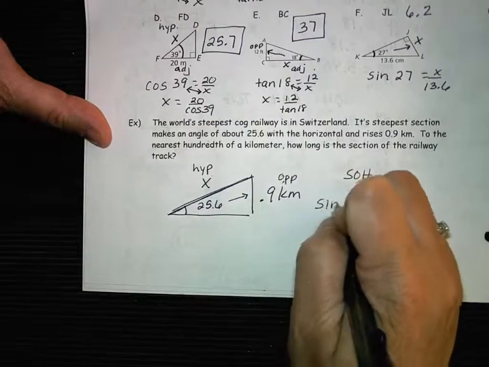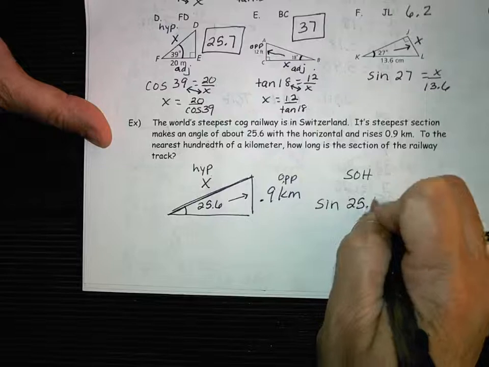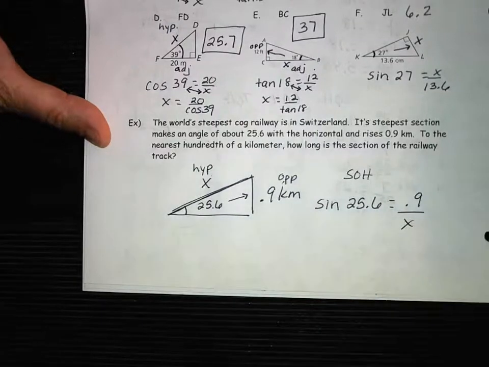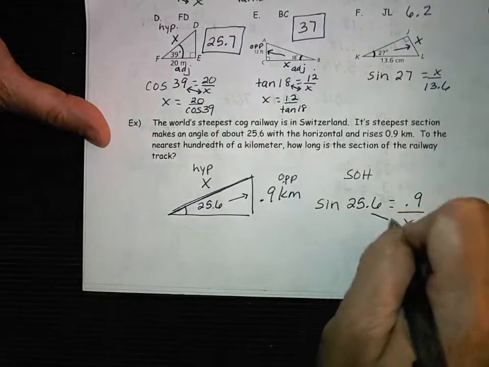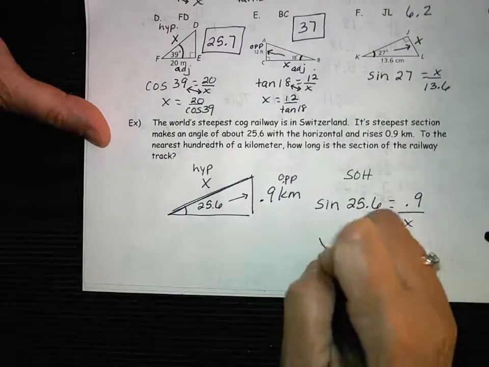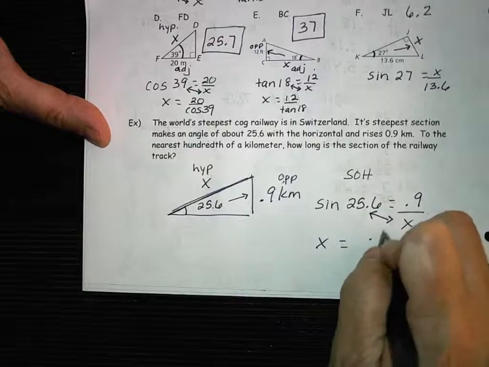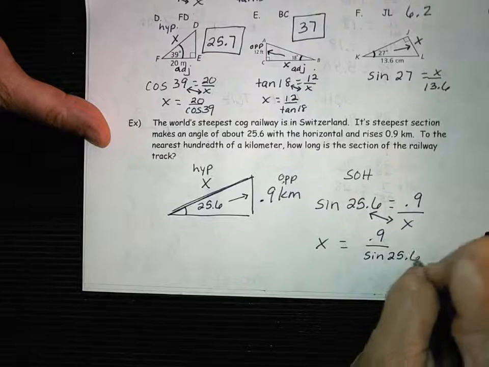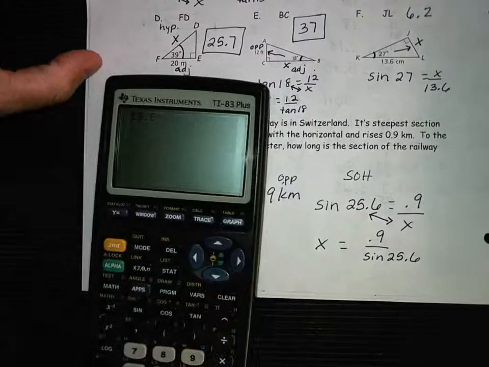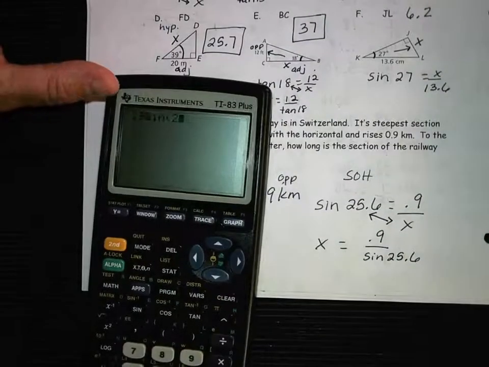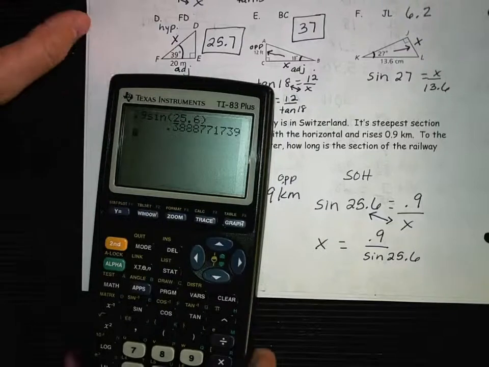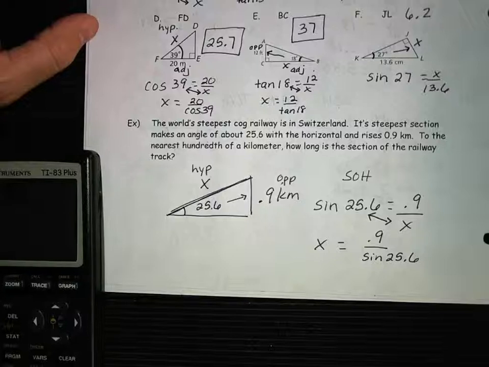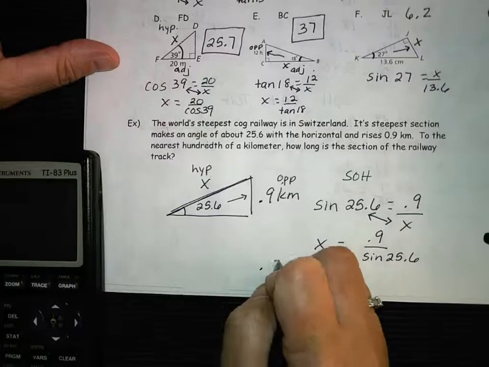So we will have the sine of 25.6 equals 0.9 over x. Quickest way to solve those is to switch those two, and that becomes x equals 0.9 over the sine of 25.6. 0.9 sine of 25.6 ends up being 0.388.